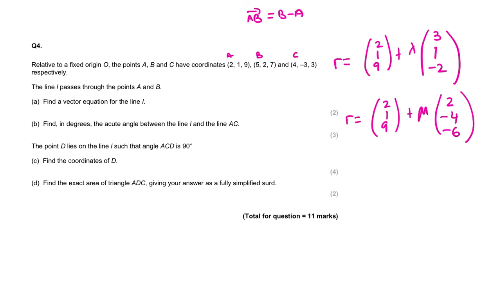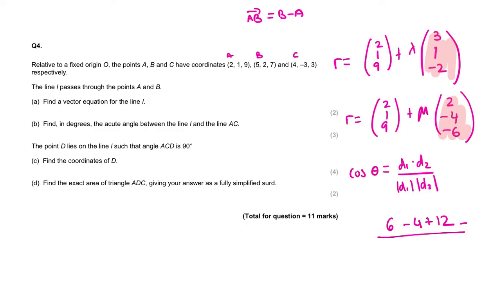Okay, so how do I find the angle between these two? I have to use the cosine rule. And I know that the cosine rule is cos of the angle equals the dot product of the direction vectors. Remember these are our two direction vectors, so I'm just going to call them D1 and D2. And then we need to divide by the magnitudes of the direction vectors. So dot product: 3 times 2 is 6, minus 4 plus 12. So I'm going to get 18 minus 4, which is 14.